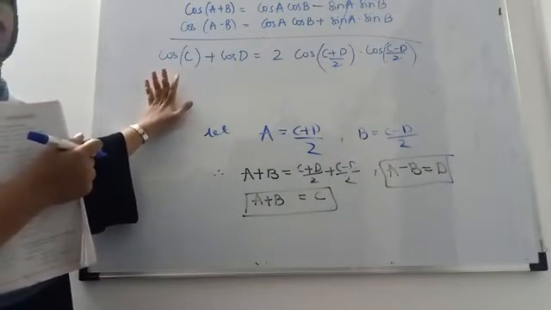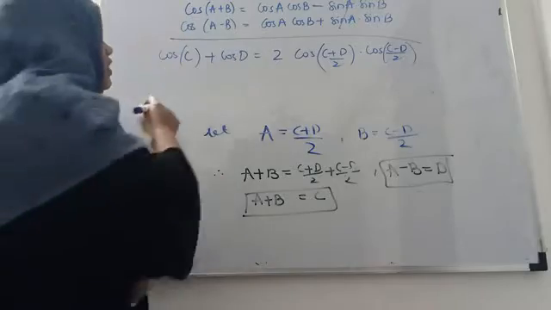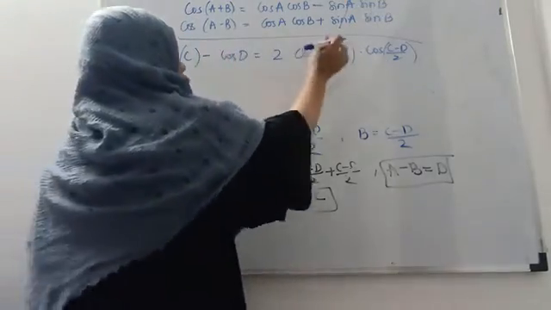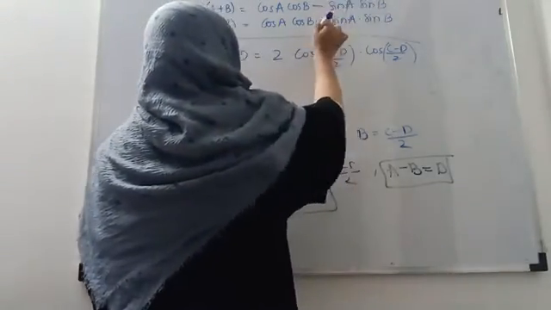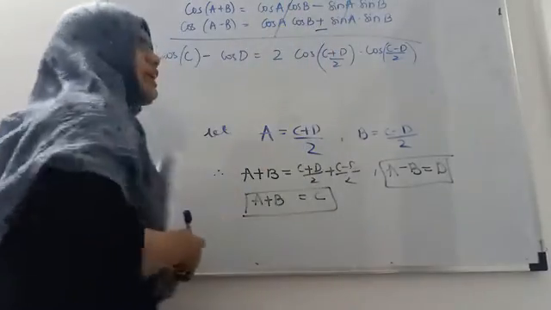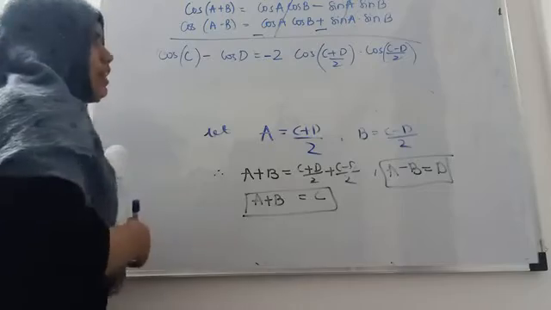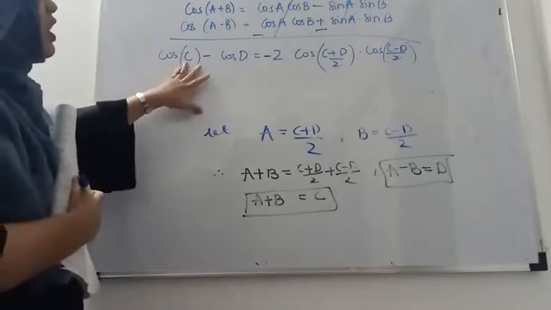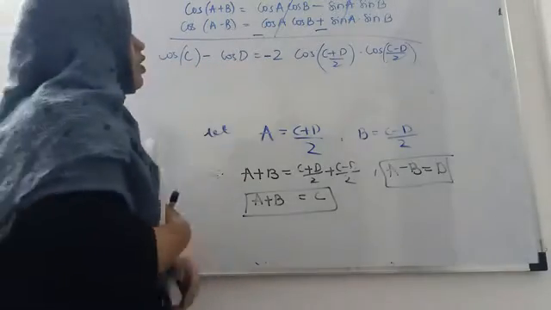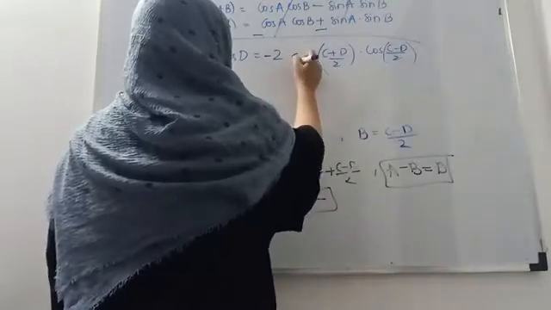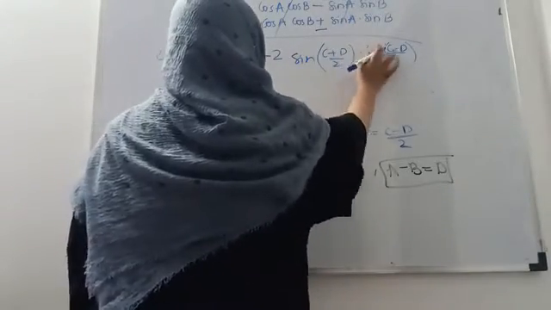And similarly for the fourth one, instead of doing addition, just do subtraction. So here you will be left with this term and this term will get cancelled. Okay. And here also the minus sign will come. So cos C minus cos D is minus 2 times sin of C plus D upon 2 and sin of C minus D upon 2.